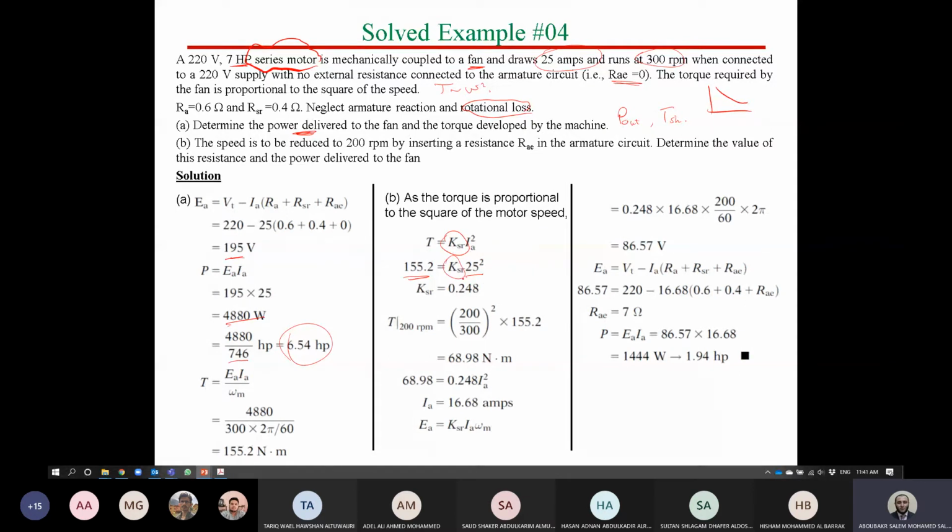The motor constant K series is flux independent. So for the second operating point, which is at 200 RPM, we can say now T1 over T2 equals I1 squared over I2 squared.